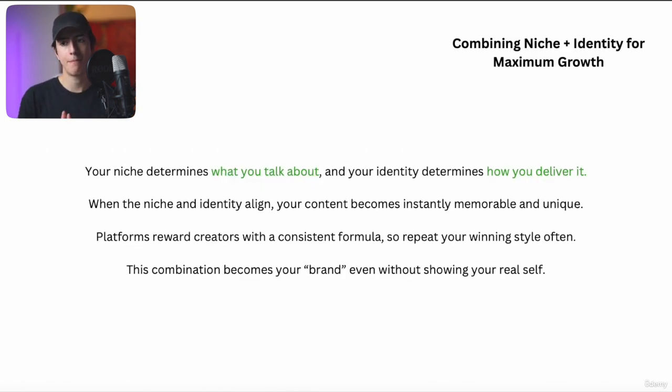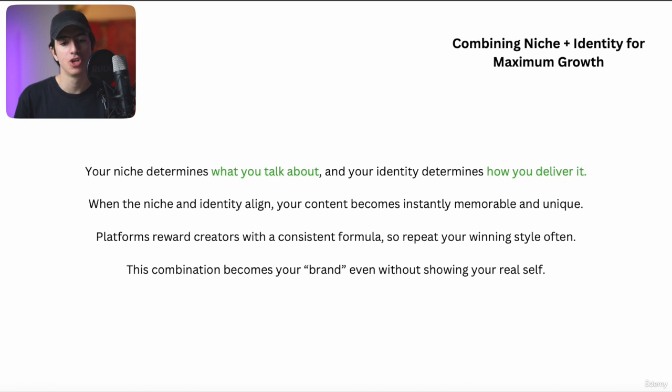So let's talk about combining your niche and identity for maximum growth in this faceless content journey. Your niche determines what you talk about, and your identity determines how you deliver it. I think this is well established, and it's one of the key points of this lesson. When niche and identity align, your content becomes instantly memorable and super unique.